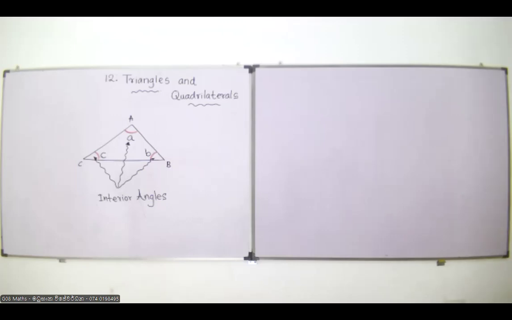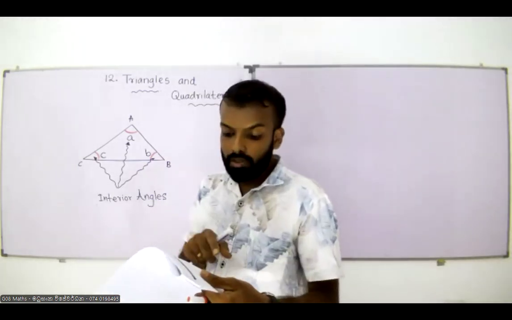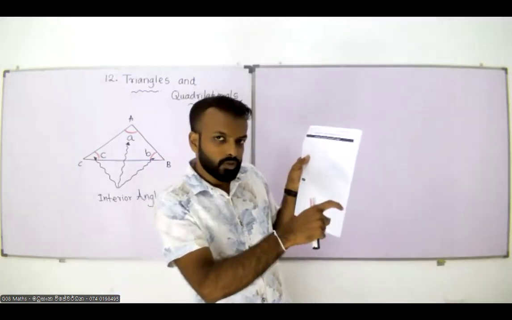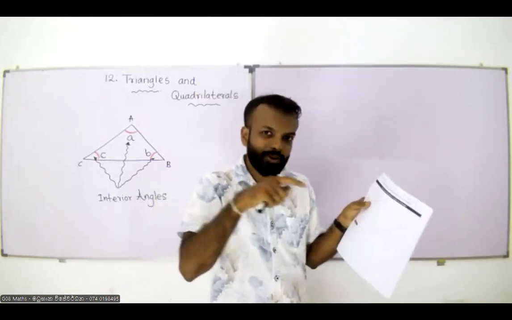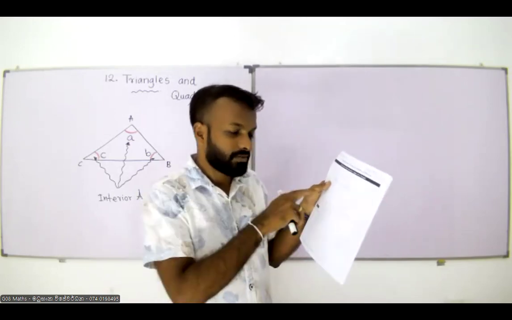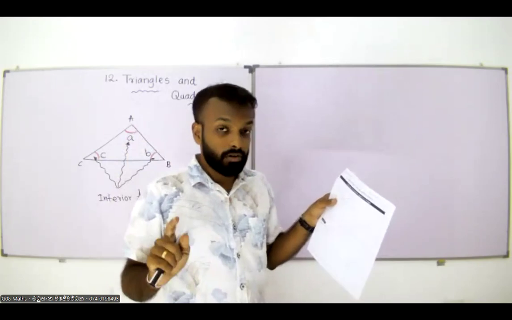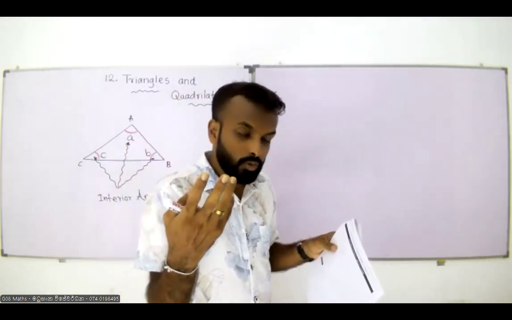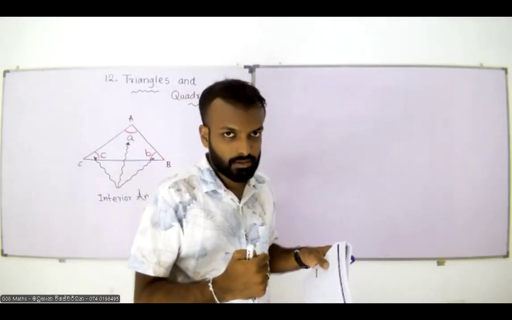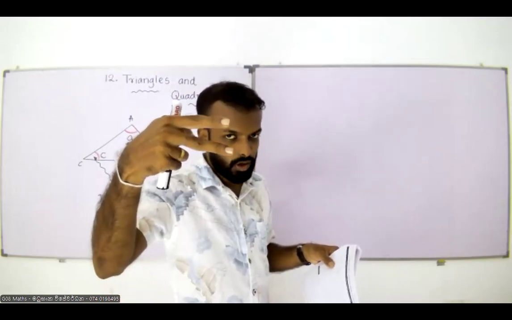I hope you have finished by now. Then I have given you a small box. Inside that you have to write the theorem that we are going to discuss. There are two rows that you have to complete.